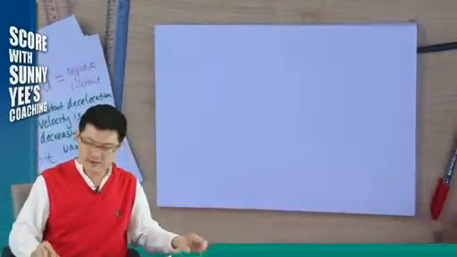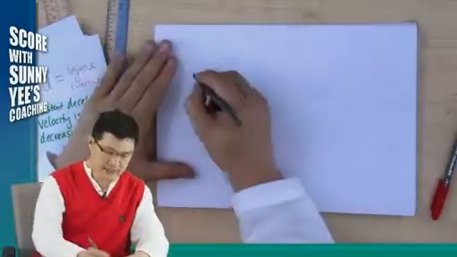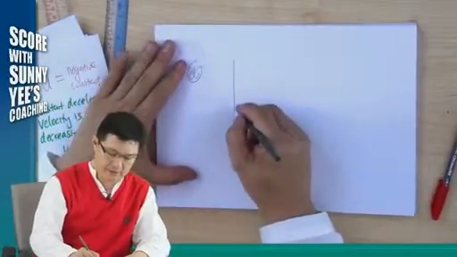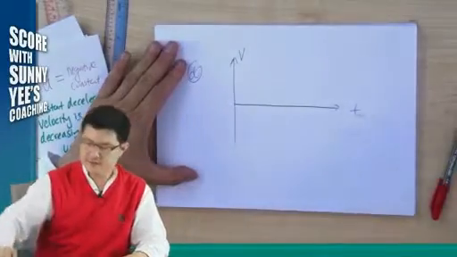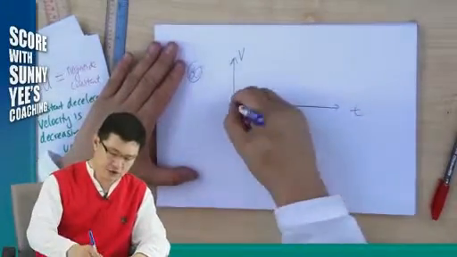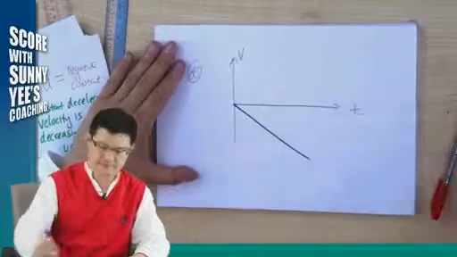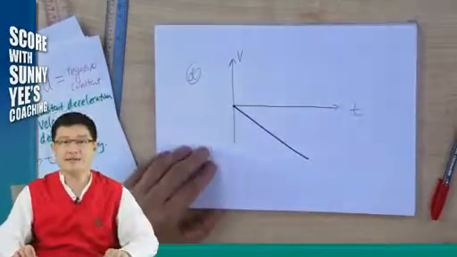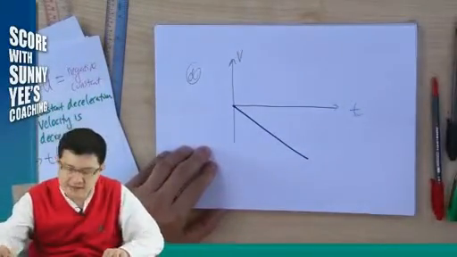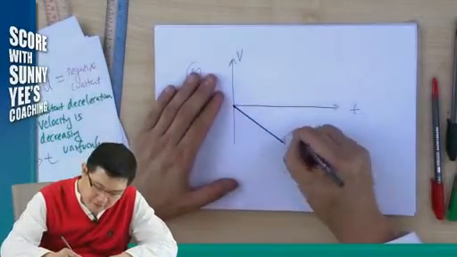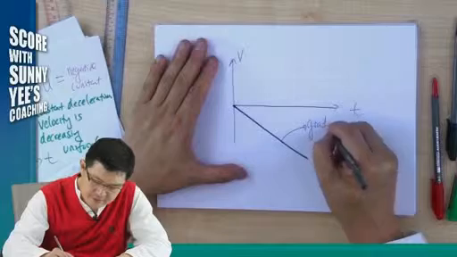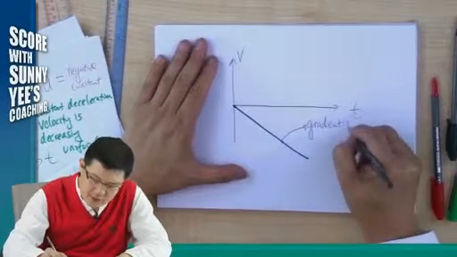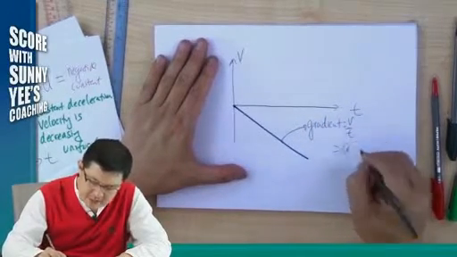Alright. Now, let's look at another one. What about here? V and T, but this time I am going to draw it downwards, on the negative side. On the negative side, this is very confusing. Remember I told you, look at the gradient. Gradient is V over T, and V over T is acceleration.